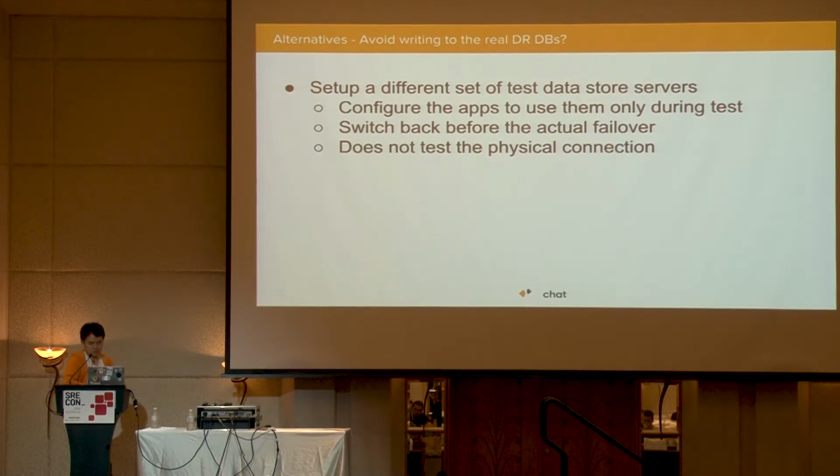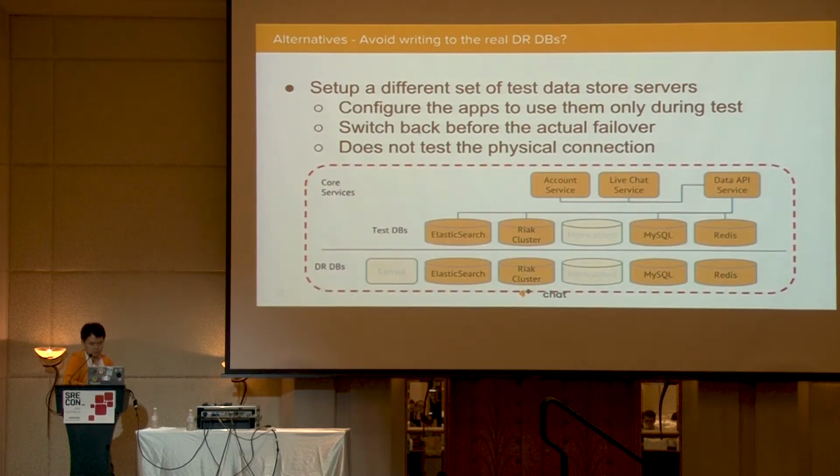And just right before we do the failover, we switch back to point to the real ones. The drawback of this is that there is no guarantee that the connection between the apps and the real data servers is going to work, because there's no test that covers that. All you are doing is trying to connect to the test databases and test servers, right? So this was not an option.